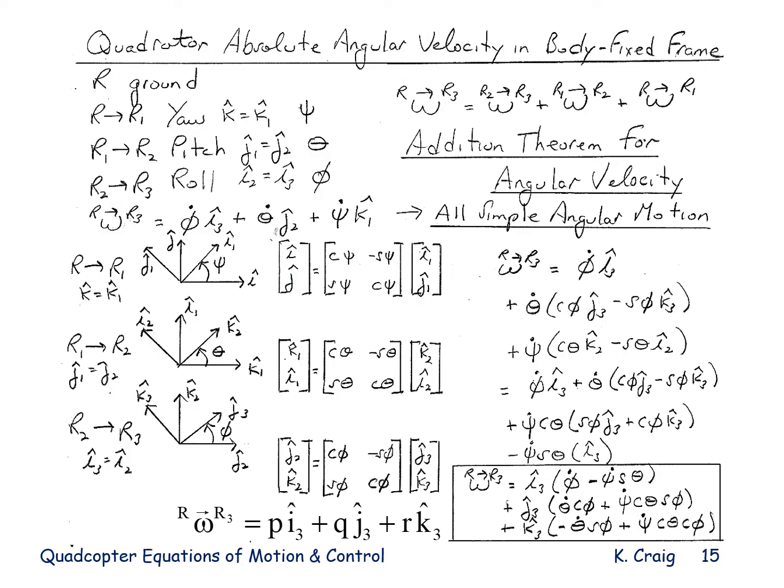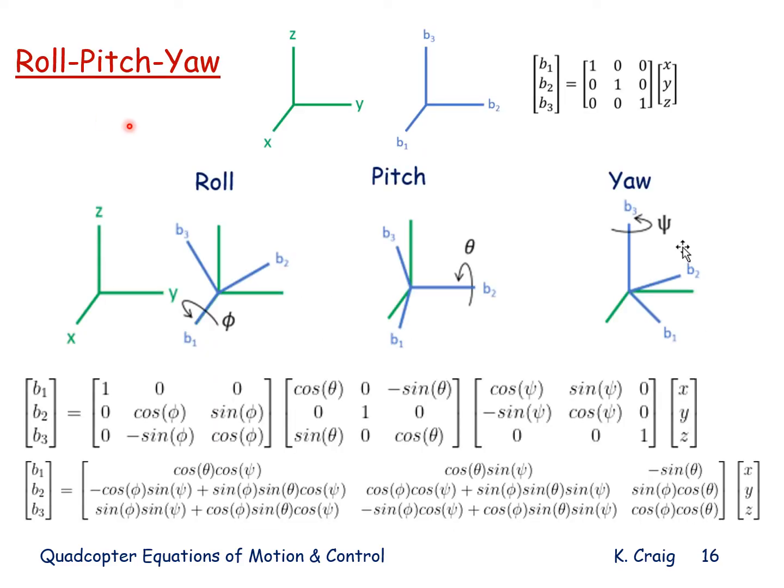Let's summarize. I want an expression that will relate the unit vectors in the body fixed axes after a change in roll, pitch, and yaw of the quadcopter.